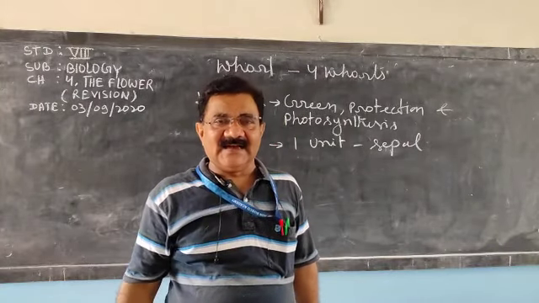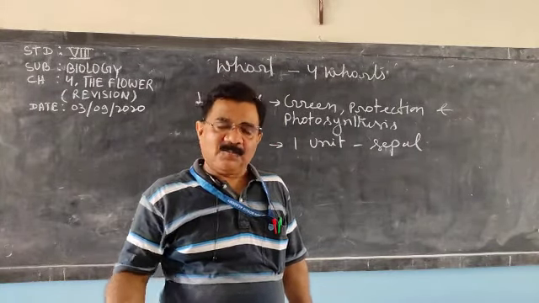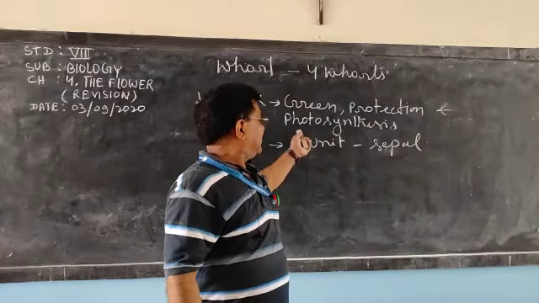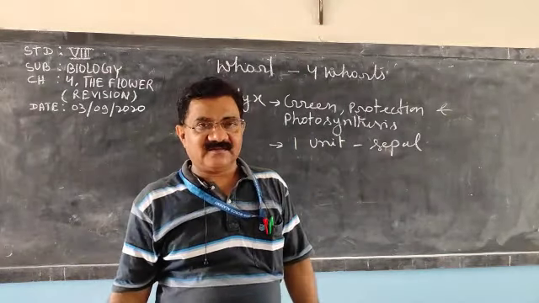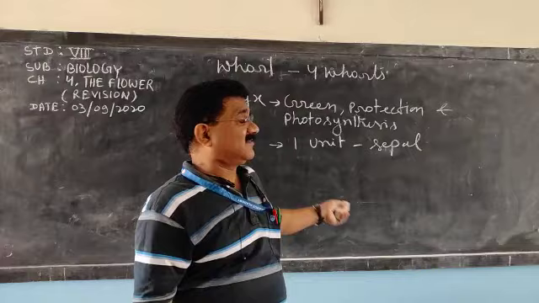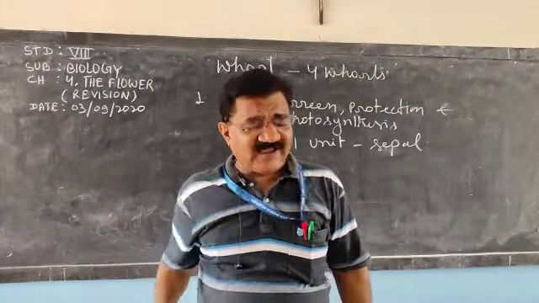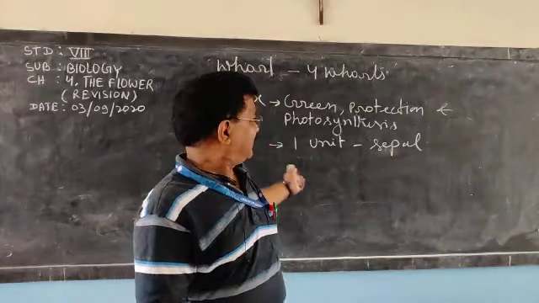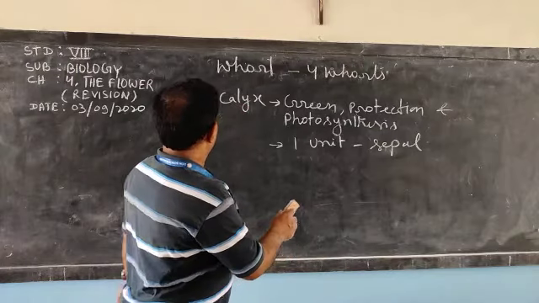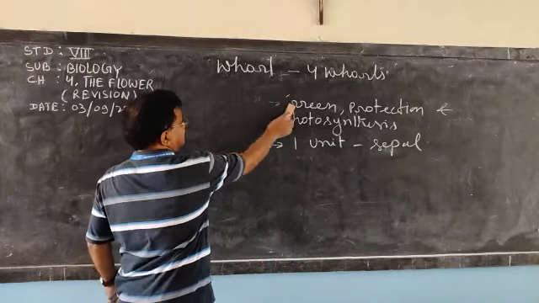Its function is protection and photosynthesis. The whole whorl is called calyx, and one unit is called sepal. So the lower green part of the flower protects the flower and does photosynthesis, that is the calyx. One unit of calyx is called sepal. Coming to the next part.